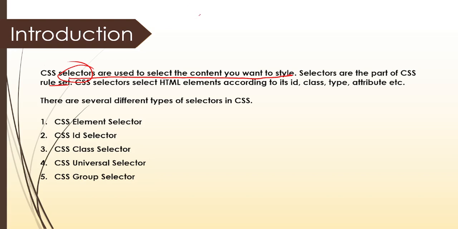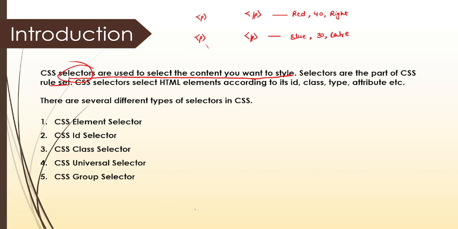For example, in my web page, if I want to use a paragraph tag in a red color, font size 40 and right alignment, and again I am using another paragraph, and now I want this paragraph in a different color and different style, for this we can use selectors. For example, if in the second paragraph I want the font color blue, text size 30 and center alignment, then I can use selectors.